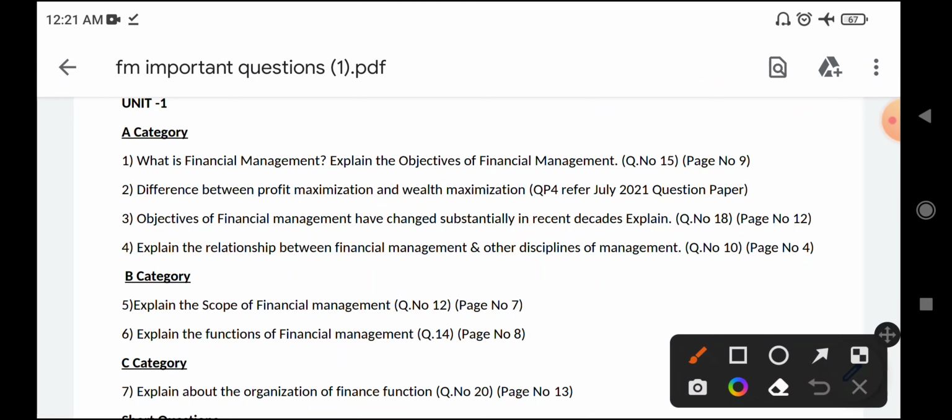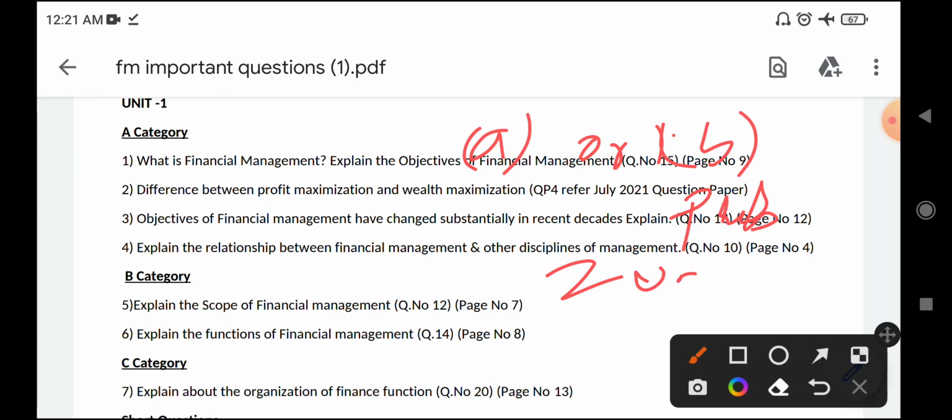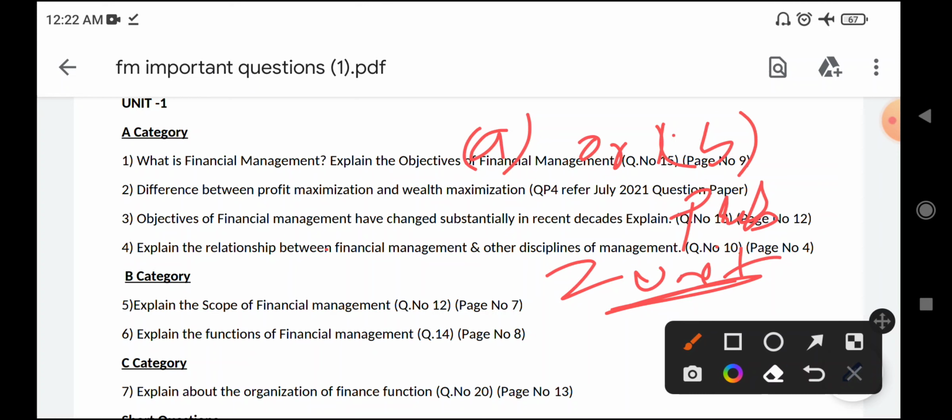In the worst situation there may be a chance of asking both A and B as problems in 2 units. Only in 2 units that might happen, not in every unit. So focus should be on maximum theory and a few units' problems also.